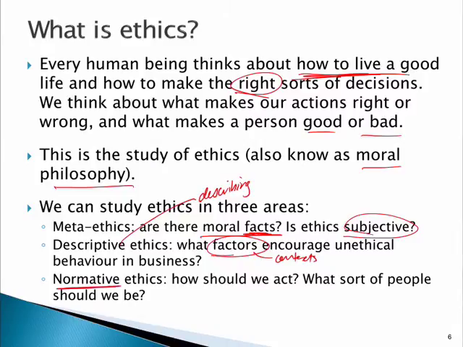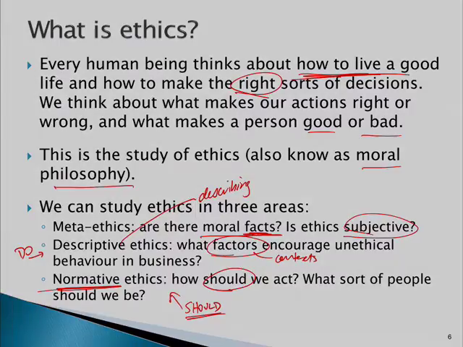Finally, and this is where we're going to concentrate, normative ethics. Normative ethics is about how we should act. Perhaps people should act in a certain way, but what do they actually do? If we're describing what they actually do, it's descriptive ethics. If it's about what they should do, or some prescription about what they should do, then that is normative ethics.